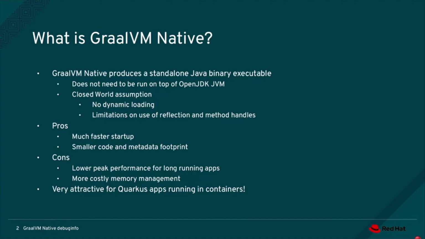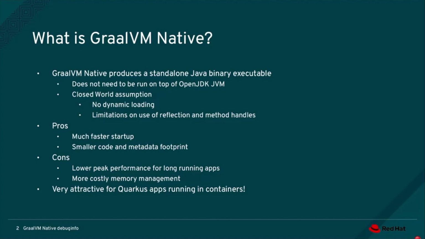And in fact, Red Hat's Quarkus product provides exactly that capability for many of the standard enterprise libraries as one of the things it brings to the table when you're running using Quarkus.